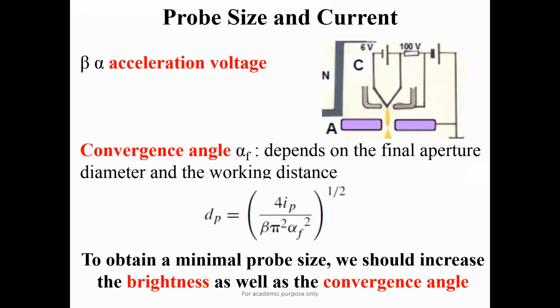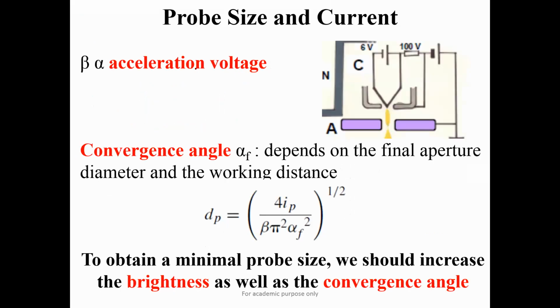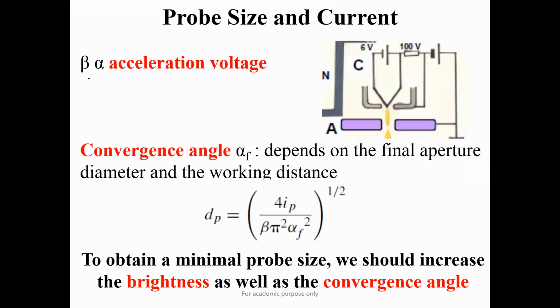Now, the second thing is the convergence angle. Here you can see the convergence angle. That again depends upon the final aperture. If this aperture is, let's say, this much or this much, this will change your alpha value. Alpha is the convergence angle of the probe. If alpha is smaller, we will get a shorter and shorter probe.